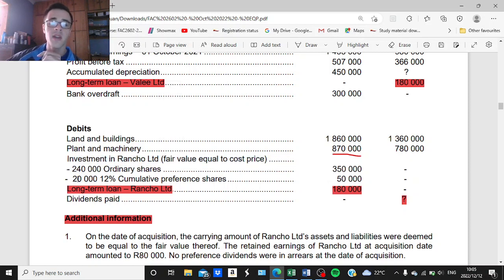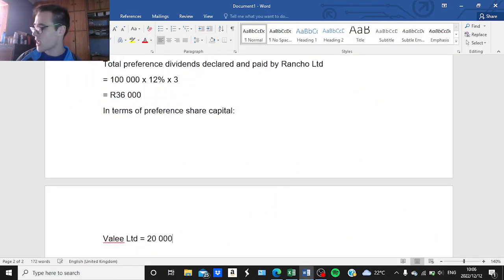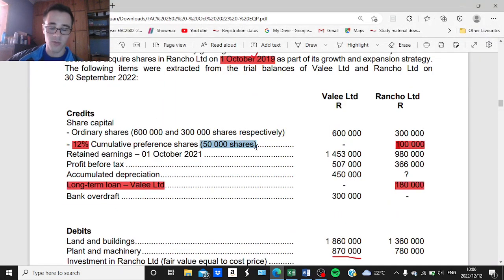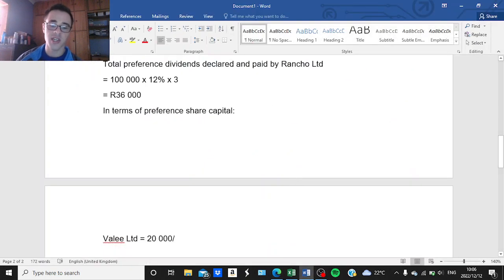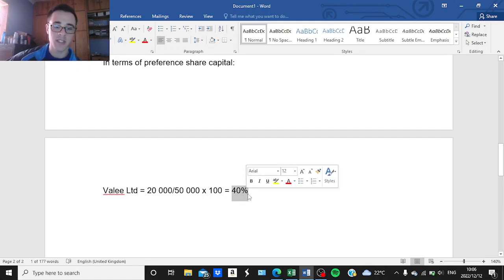So the parent owns 20,000 out of the 50,000 issued preference shares of Rancho Limited. This will give you a 40% interest. Now remember that this one can be less than 50% because it is in terms of preference share capital.